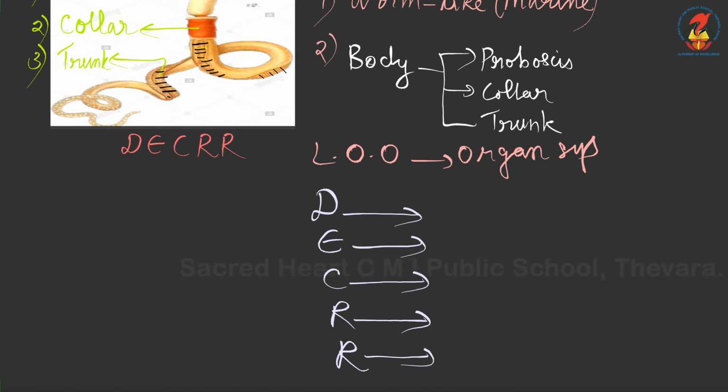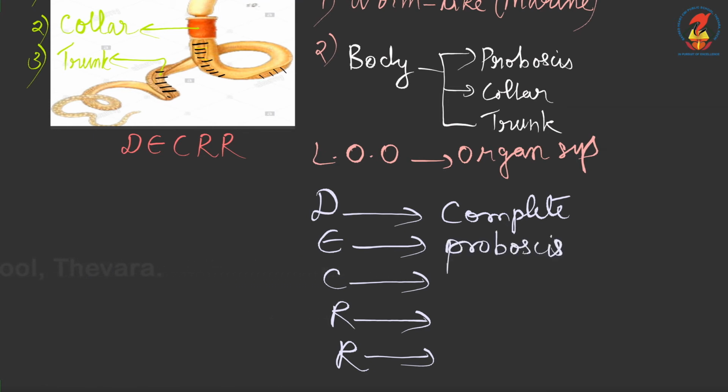Digestive system, definitely it is having a complete digestive system with mouth and the anus, two openings. Then excretion is by that anterior proboscis. See, we saw the upper part, that cone shaped part is dealing with excretion. Circulation, open type of circulatory system. Respiration is by the gills.